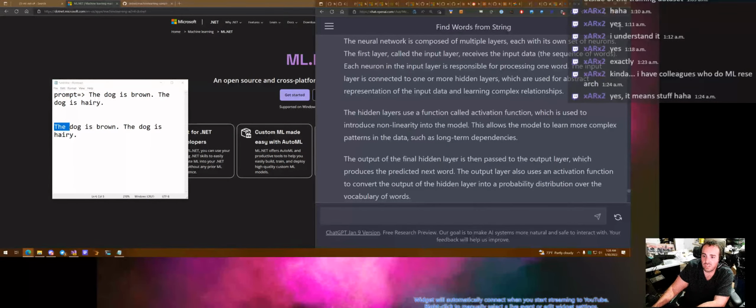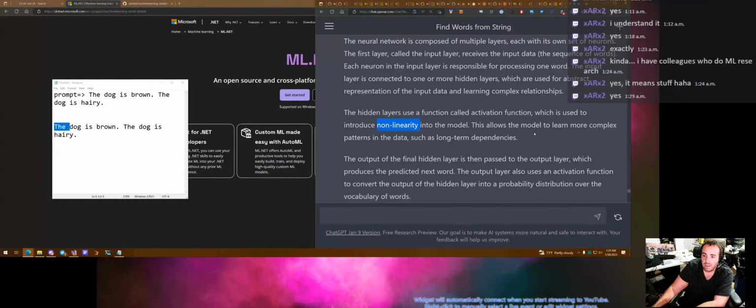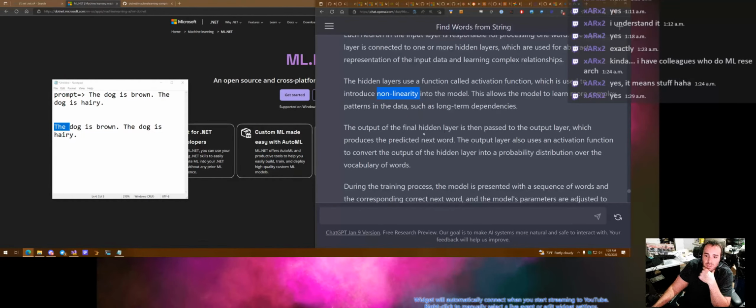It uses functions called activation functions, like we saw above, which are used to introduce nonlinearity into the model. This allows the model to learn more complex patterns in the data, such as long-term dependencies. The output of the final hidden layer is then passed to the output layer, which produces the predicted next word. So now it's taking the numbers and translating them back into an English word.